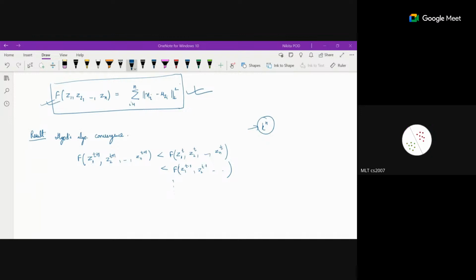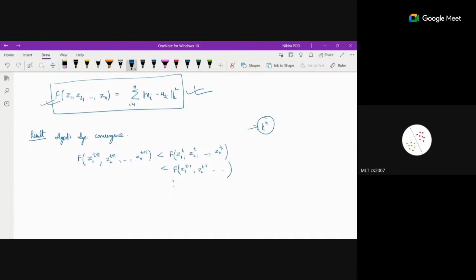Convergence. Okay, so I have not done the proof for the convergence, but I have just given the reasoning why Lloyd's algorithm is converging. What we are saying is that when you run Lloyd's algorithm, the objective function value that you get at every iteration keeps on reducing.